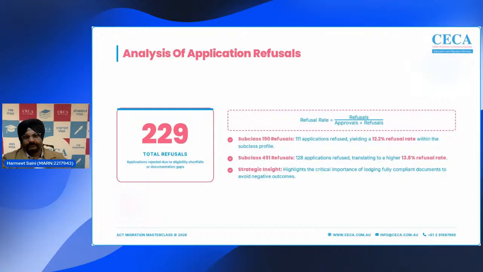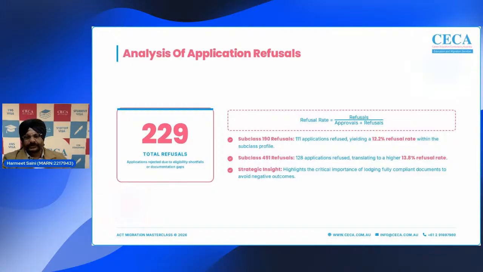If we talk about refusals, out of 1600 allocations, 229 nominations were refused. Of these, 111 nominations were refused for visa subclass 190, which is approximately 12.2% of the total allocation, and 128 applications were refused for the 491 visa subclass.